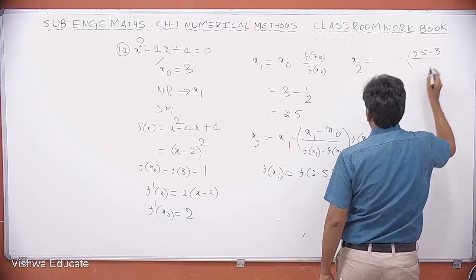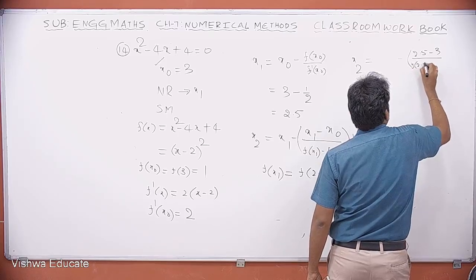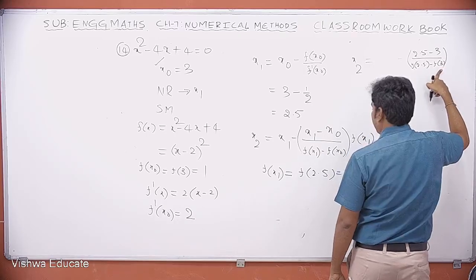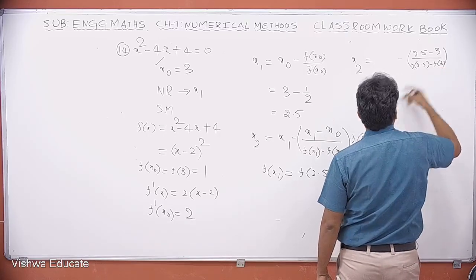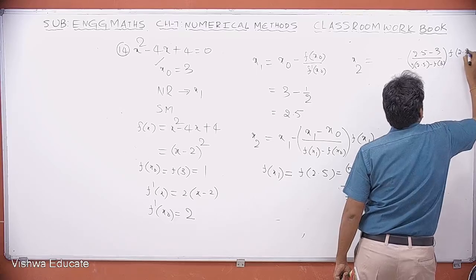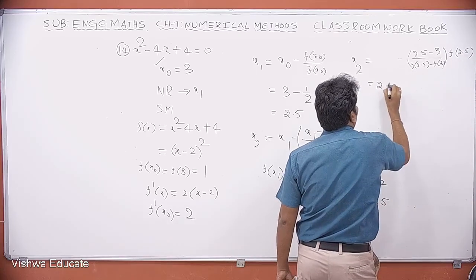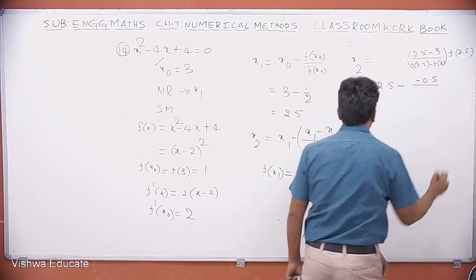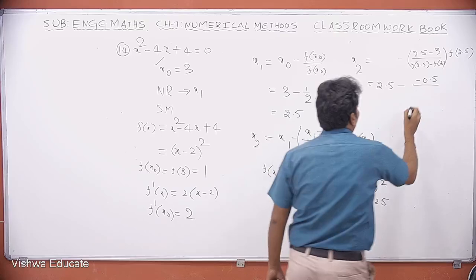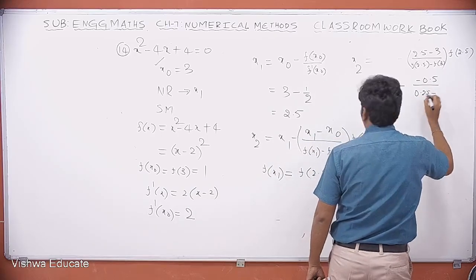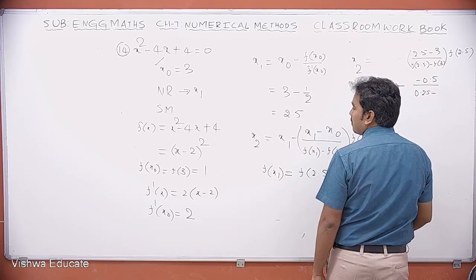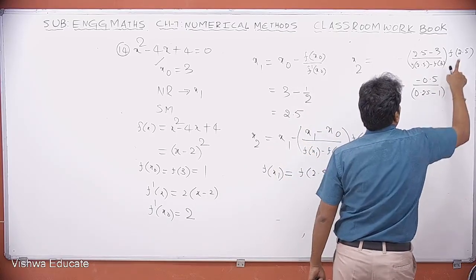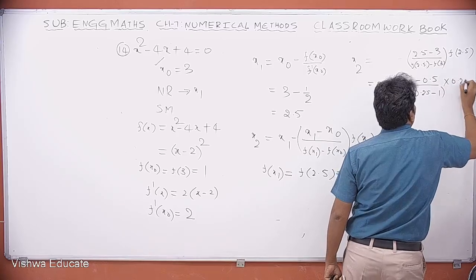x1 into f of 2.5 minus x naught, which is 3, into f of 2.5, divided by f of 2.5 minus f of 3. So here this is 2.5 minus, this is minus 0.5, divided by f of 2.5, which is 0.25, minus f of 3, which is given as 1, into 0.25.